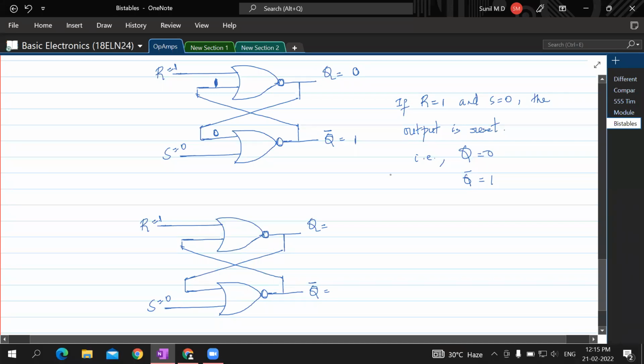So I hope you're following this. Let's say now change, assume Q is 1 and Q bar is 0. This is what I'm seeing. So Q is 1, Q bar is 0. So this is 1 now.